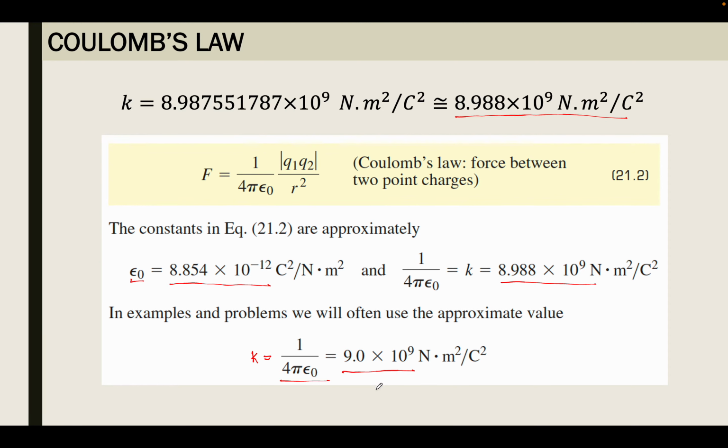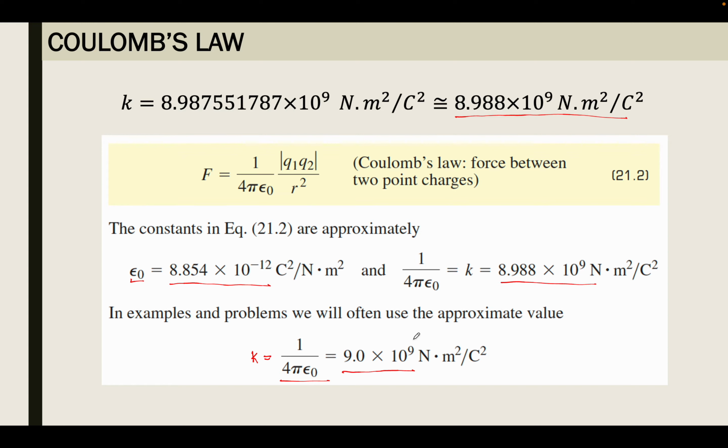So it is much easier to memorize the value of K because it is rounded off to, instead of 8.988, so it is now 9 times 10. So we will be using this one in our problems and also examples. So atong gamito nga value is si 9 times 10 to the power of positive 9 Newton times meter squared over Coulomb squared.